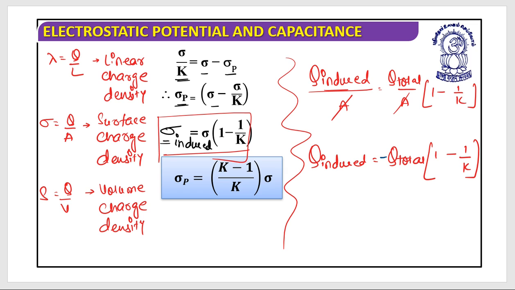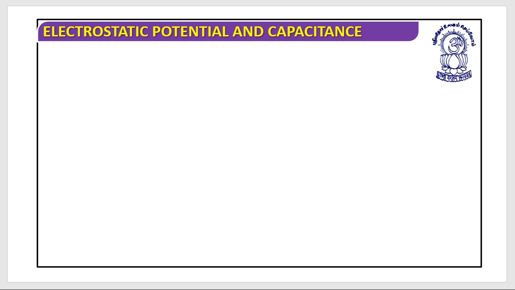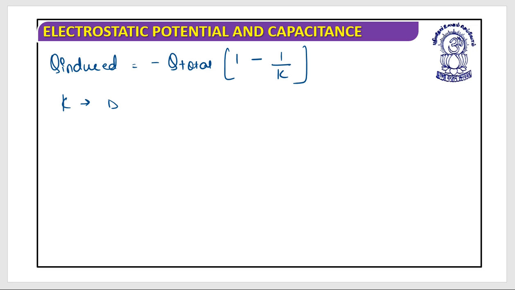So let's have a look at what we have achieved. Q induced is equal to minus Q total into bracket 1 minus 1 by K. This K is the dielectric constant of the material.